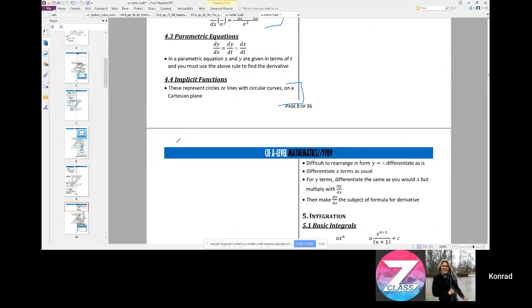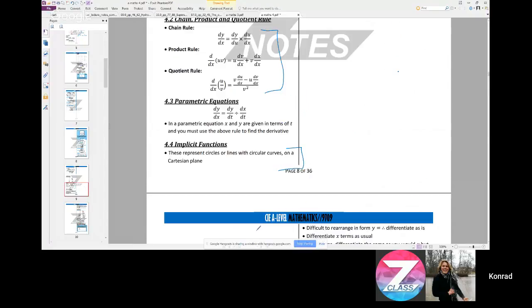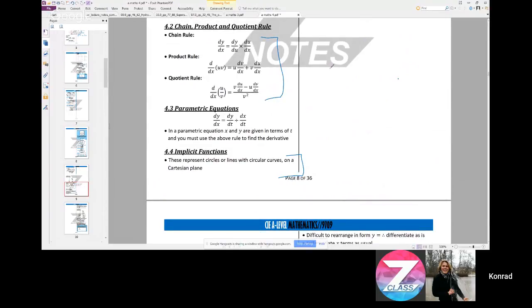But I would always make the point that implicit differentiation is fundamentally no different to ordinary differentiation. So if you normally have something like y equals x squared, you differentiate both sides with respect to x, right? So usually we talk about dy by dx and you differentiate this.